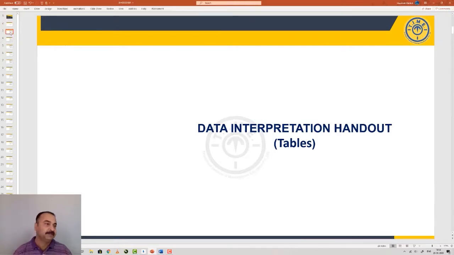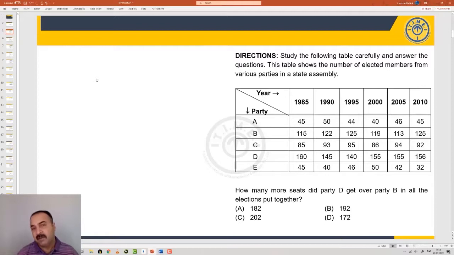Let's get started. So we have a table on a screen which you can see, where there is a year from 1985, 1990, 1995, 2000, 2005, 2010. And there is a vertical column down which talks about A, B, C, D, E, which are parties.